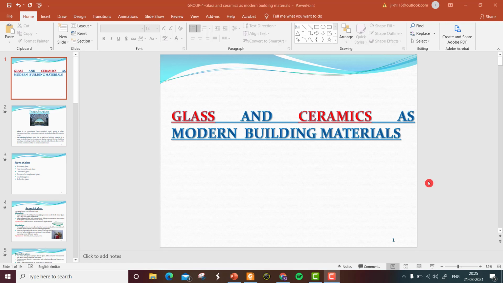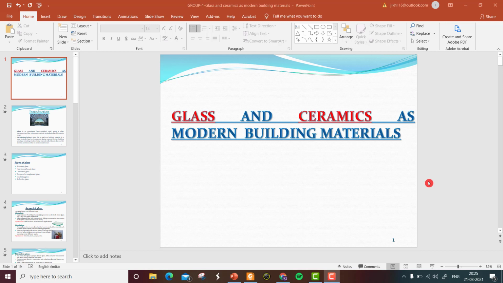Welcome to the class on the use of glass and ceramics as building materials. Though these two materials are called modern building materials, we have already seen the main building materials such as steel and concrete, which are commonly used as building materials.